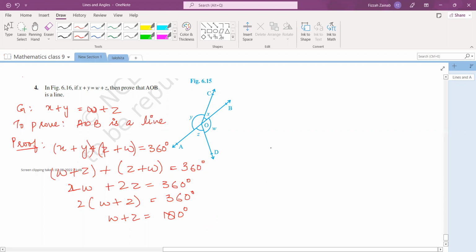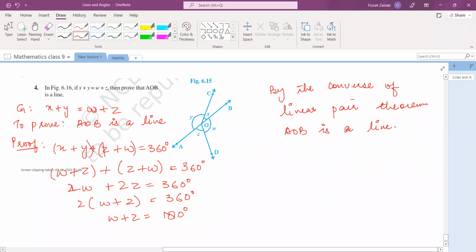Yes. So I'll write that by the converse of the linear pair theorem, AOB is a line. I hope you have understood this. This time the sum of the angles is 180 degrees, and we have to prove that AOB is a line.